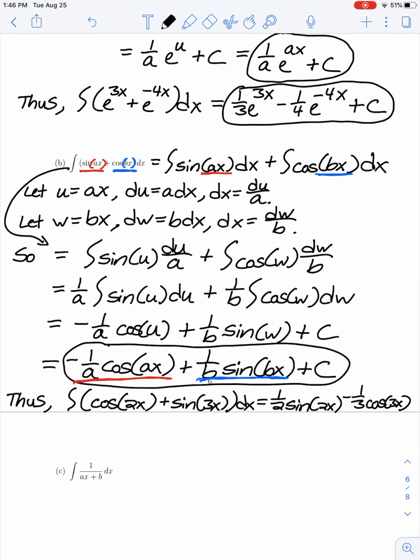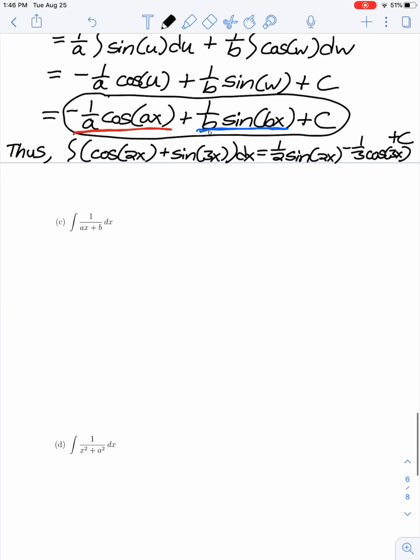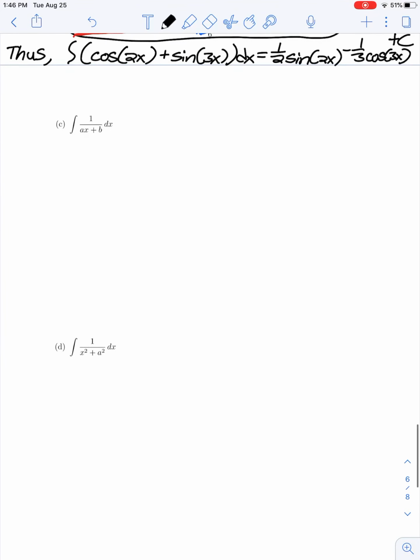So let's look at some other ones. In part C, we will have another frequently appearing type of antiderivative where we're integrating 1 over ax plus b. So that is something of the form 1 over a linear function. So when we're trying to find an antiderivative of 1 over this linear function, we can make use of a substitution.